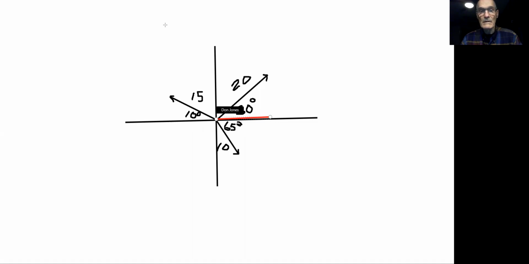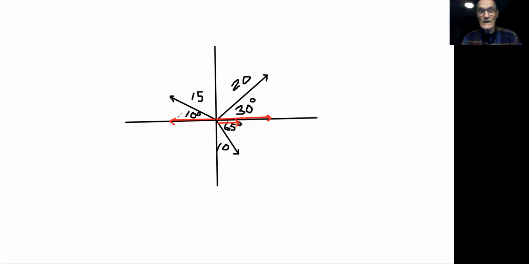And then if we put the arrow on it, okay, now the horizontal component for the 10 unit vector here goes from the same point, so it starts at the same point and goes about like that. And then the horizontal component for the 15 unit vector starts here and goes this way. So it looks like that.